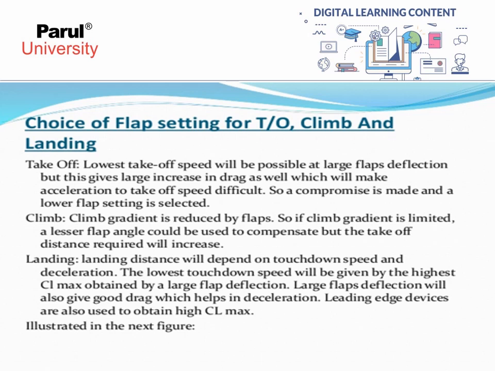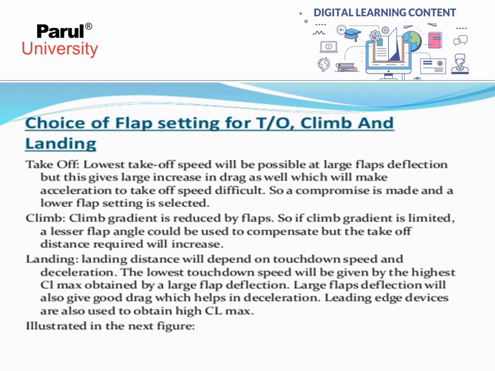So a compromise is made and a lower flap setting is selected. For a climb, the climb gradient is reduced by flaps. So if climb gradient is limited, a lesser flap angle could be used to compensate, but the takeoff distance required will increase.